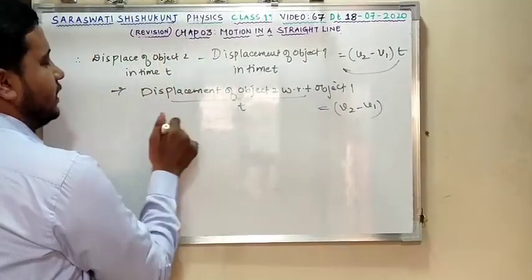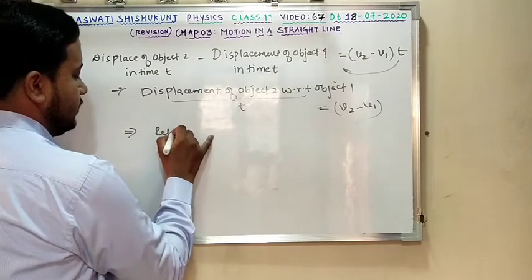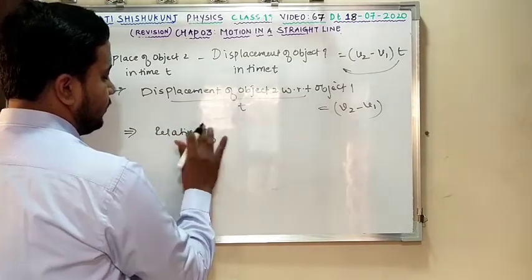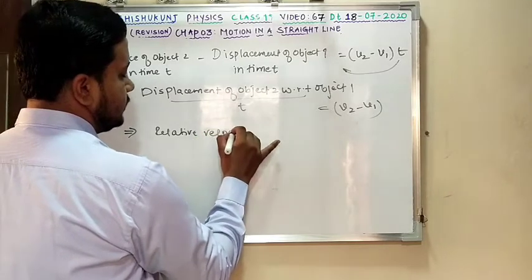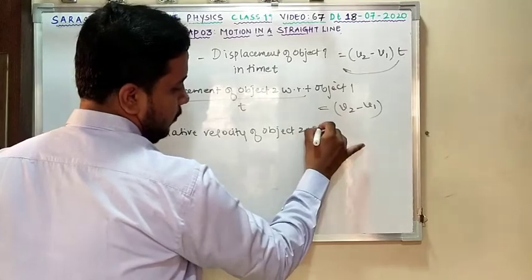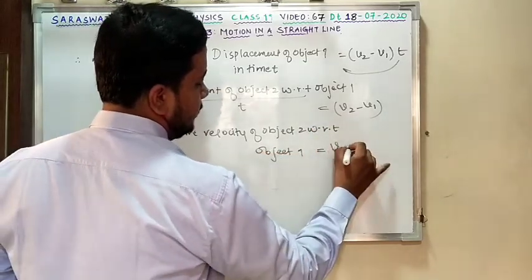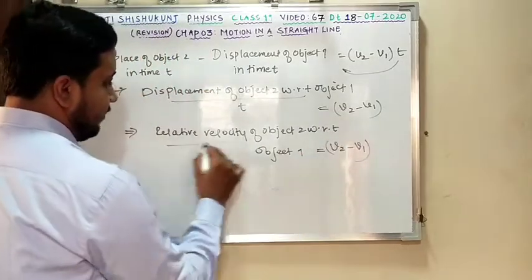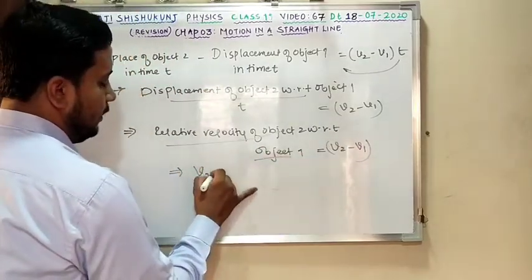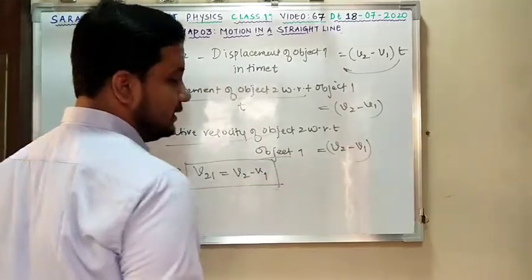Now displacement upon time is nothing but what? Velocity. So I can write relative velocity of object 2 with respect to object 1 is equal to v2 minus v1. I can write symbolically that it is v21, equal to relative velocity of object 2 minus object 1. Till this clear?